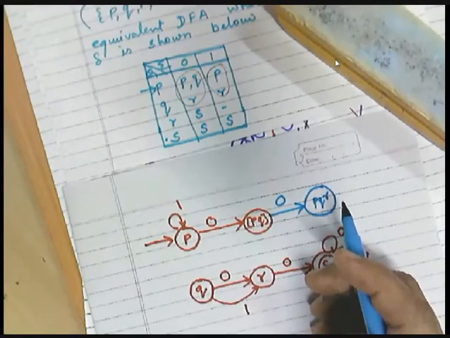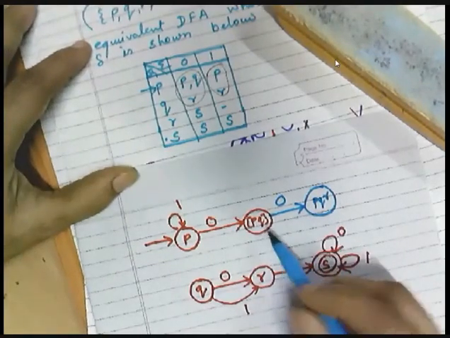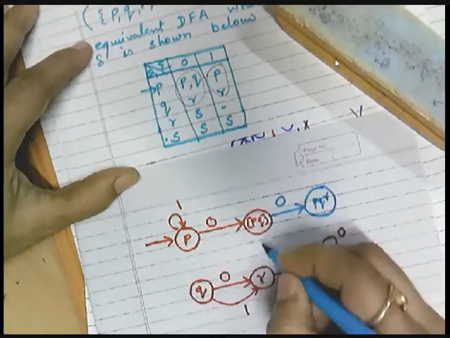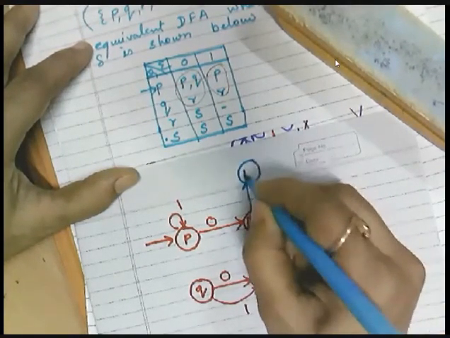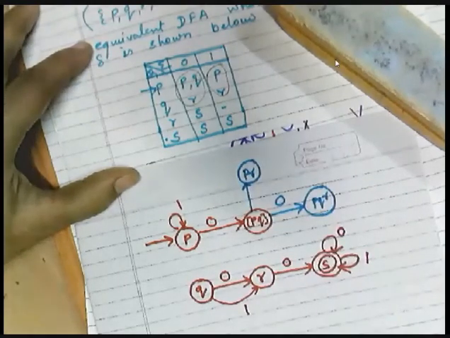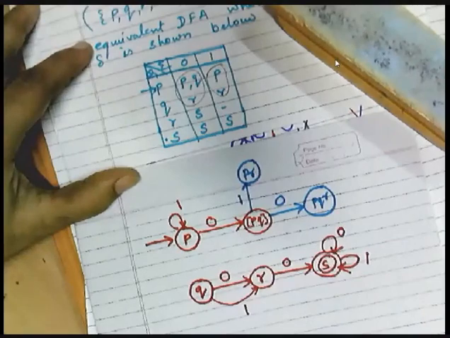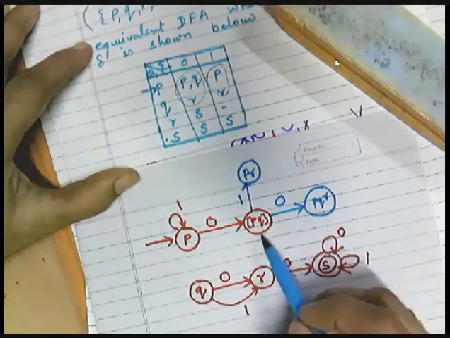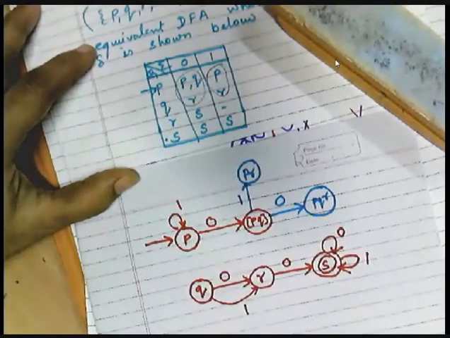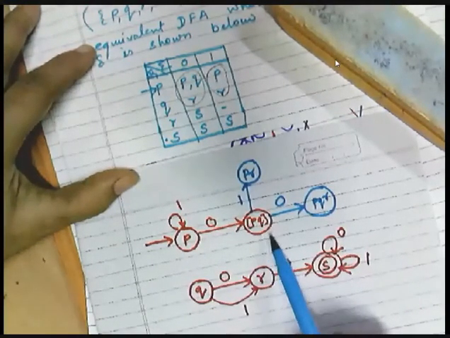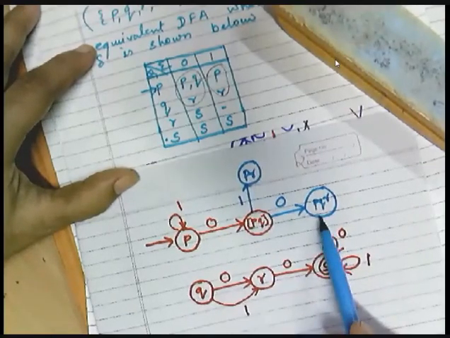So here I will show PQ on 1 moves to PR state on 1, right? Next, so the turn of PQ is over. We have considered both the things. Now we have generated which 2 states? We have now generated PR and PQR states, right?